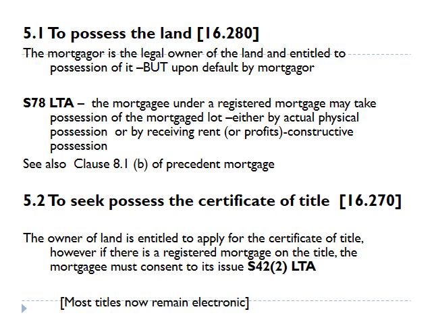Normally that would be held by the mortgagee until the loan is repaid, and as I said, it is more unusual to have this these days because most titles now remain electronic, so there's nothing that the mortgagee has to actually physically possess. But there is a right to get a paper title, and if there is a paper title subject to mortgage, the mortgagee will hold that paper title for the currency of the loan.